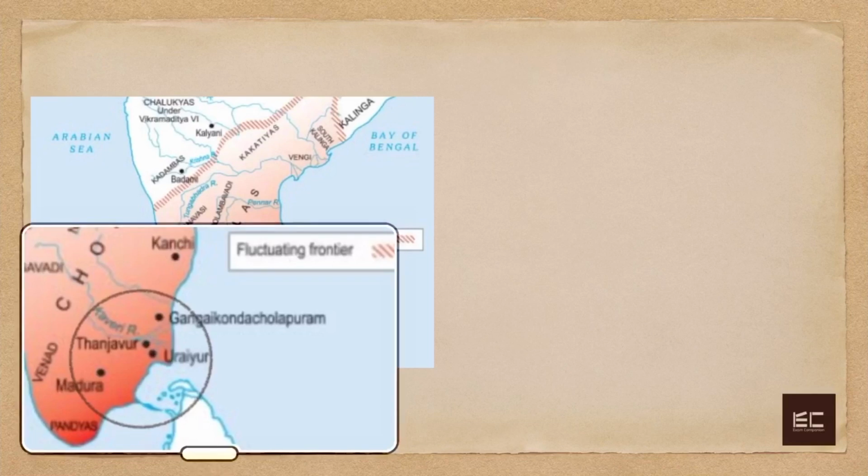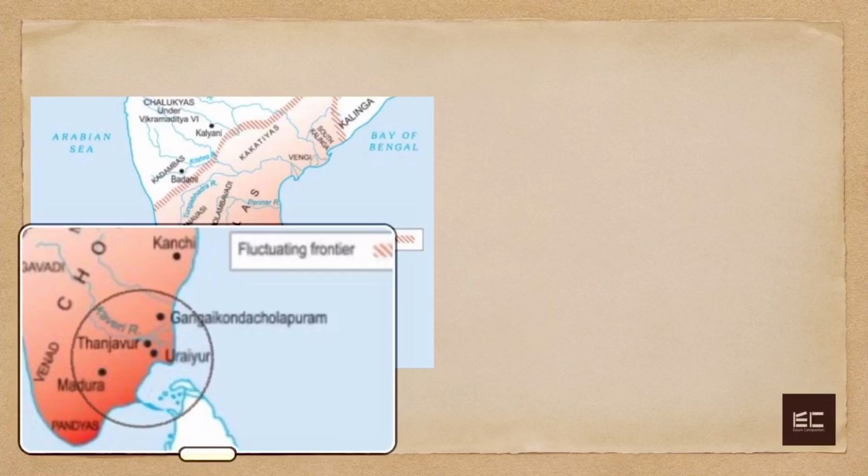The fourth name is Pandyas, which is at the bottom of your screens right now, written in capital letters. And the final name is Kanchi, which is at the top of your mini screen. Kanchi was also called Kanchipuram. Uraiyur, Thanjavur, Kaveri River, Kanchi and Pandyas. These are 5 very important names that are relevant for the Cholas.